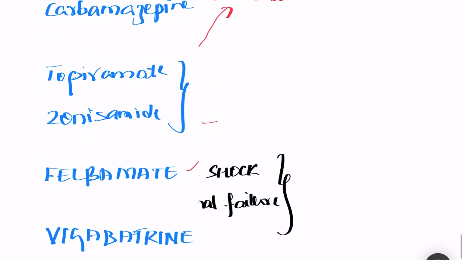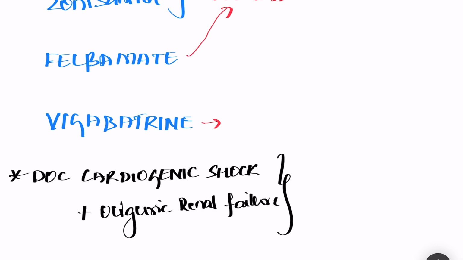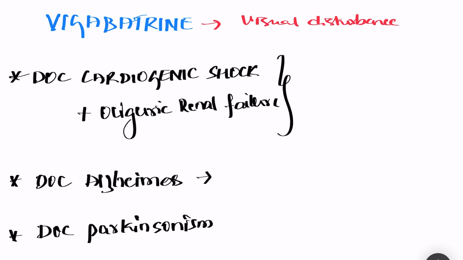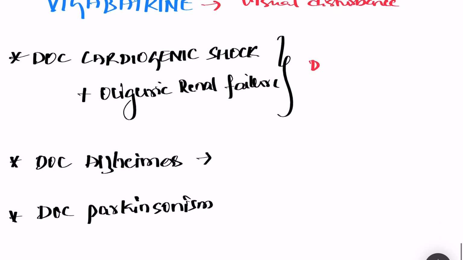Vigabatrin is associated with the visual disturbances. What about the drug which is preferred for treating cardiogenic shock associated with oliguric renal failure? It is your dopamine. Please remember, it is the dopamine which is preferred in the treatment of cardiogenic shock, which will retain the renal blood flow.